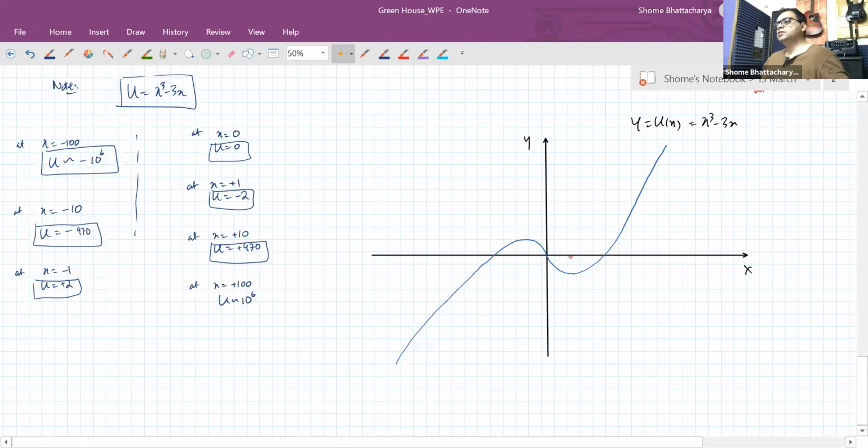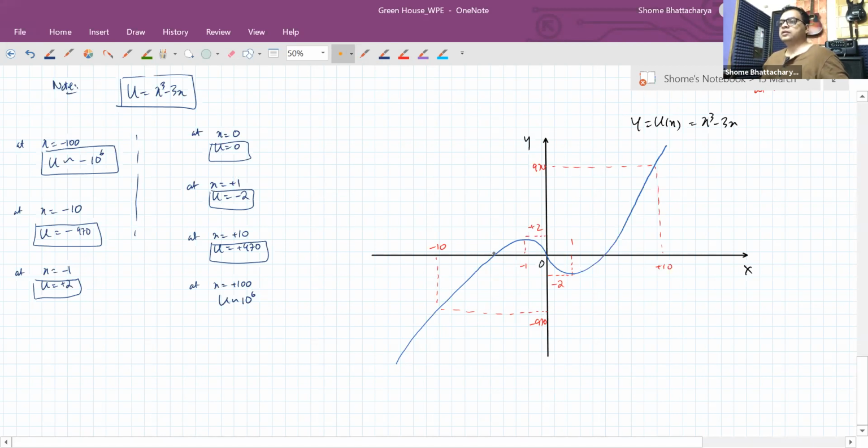So you can see that this will be the point 1, where it has the local minima of minus 2, whereas this will be the point minus 1, where it has a local maxima of plus 2, whereas at a point like minus 10 has a value like minus 970. At a point like plus 10, it has a value like 970, and then it's going up very rapidly. It's passing through the origin.